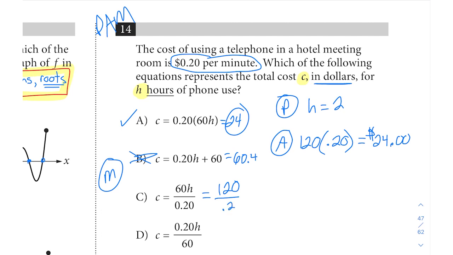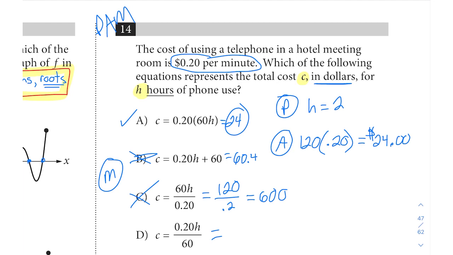And you can do this, again, use a calculator when you have it to your advantage on any section. But in this case, you can probably already see that if the calculation I did was 120 times 0.2 to get the right answer, well then if I'm dividing by 0.2 instead, I'm likely going to come up with something different. And when we do the math on this, we actually come up with 600. So that's not equal to 24.